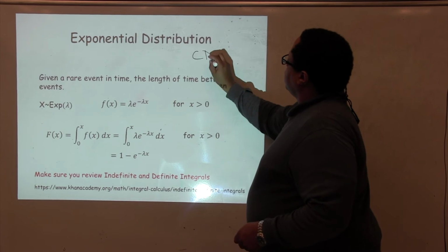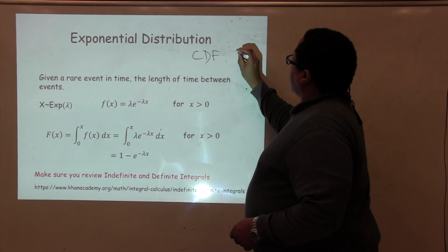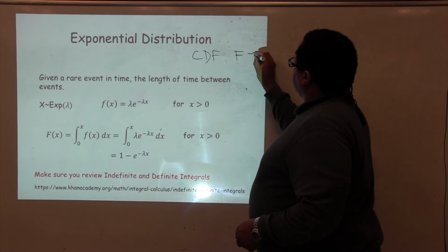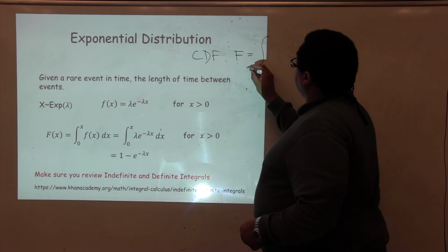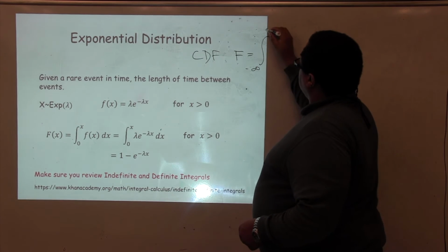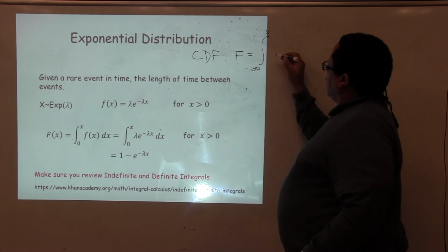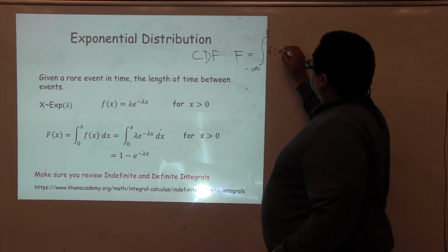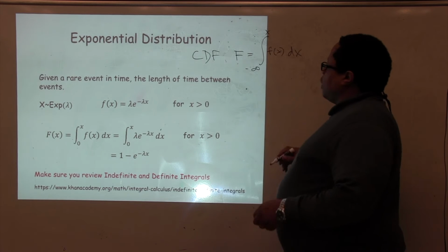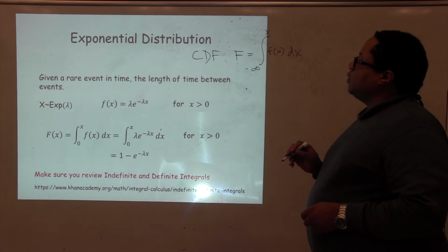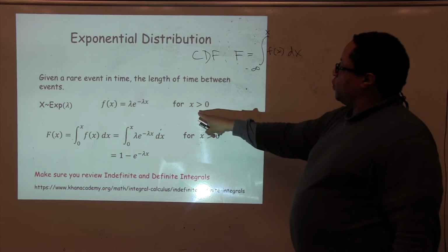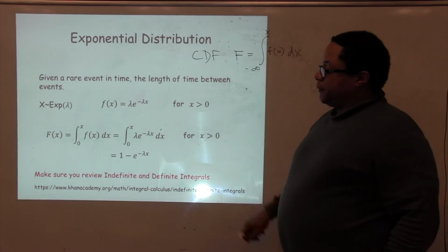So here, when we think about the exponential distribution, the CDF, as we talked about, that was symbol F, and we said that was equal to the probability from minus infinity up to some value x of the density function, dx. Now, of course, if we take a look at the exponential distribution, we said it's only defined for x greater than 0.